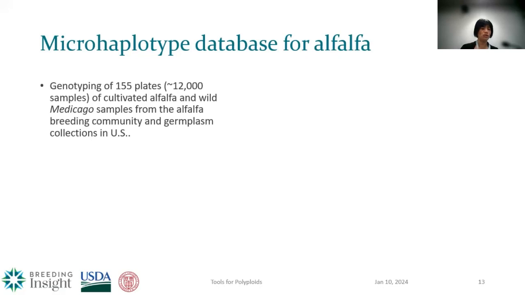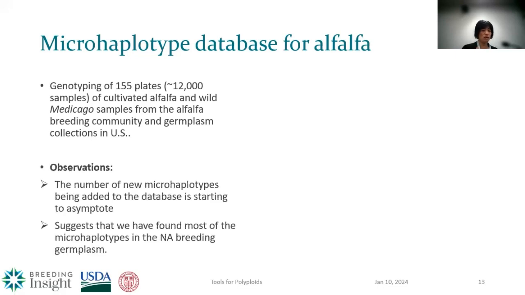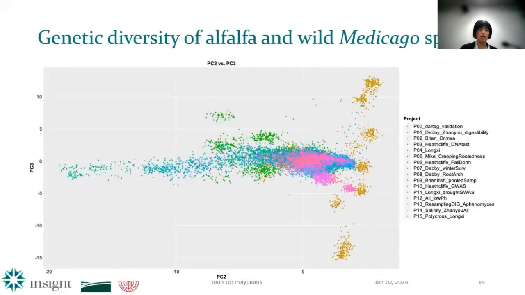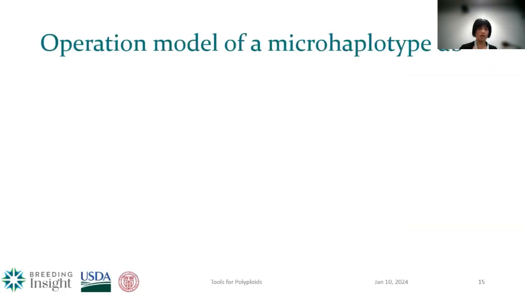So far we have genotyped 155 plates, about 12,000 samples of cultivated and wild Medicago species. What we observe, as you can see from the graph, is that the number of new haplotypes being added to the database is starting to asymptote, which suggests that we have found most of the microhaplotypes in the breeding germplasm. This is a PCA showing all 12,000 samples, and you can see the diversity.